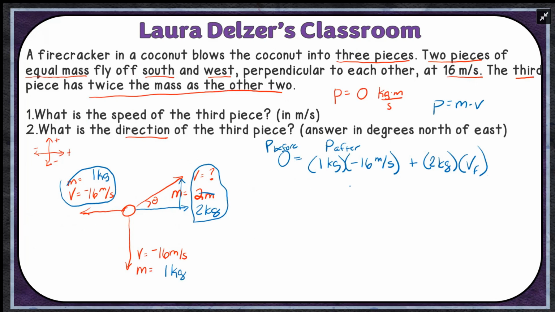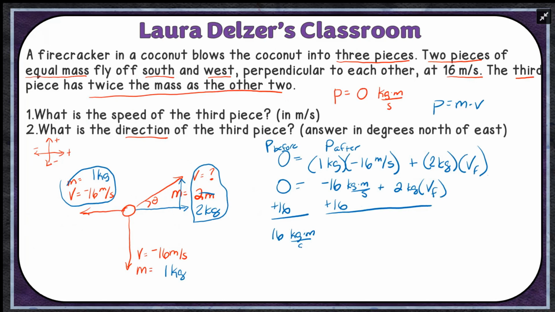When we do some math, this gives us negative 16 kilograms times meters per second plus 2 kilograms times the final velocity. We've got to rearrange our equation, so we're going to add 16 to both sides. This gives us 16 kilograms times meters per second equals 2 kilograms times VF.